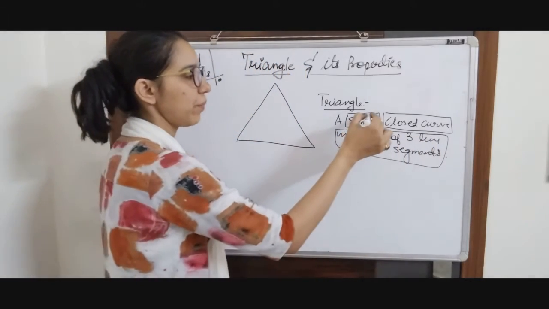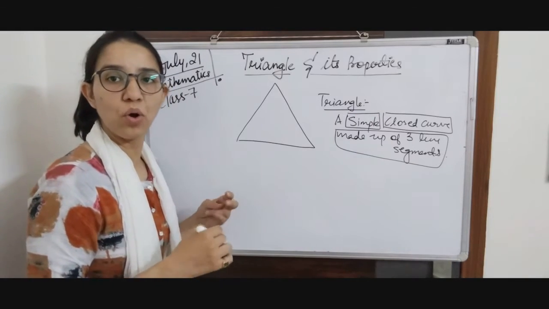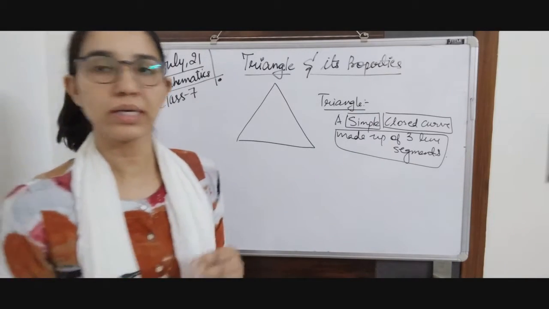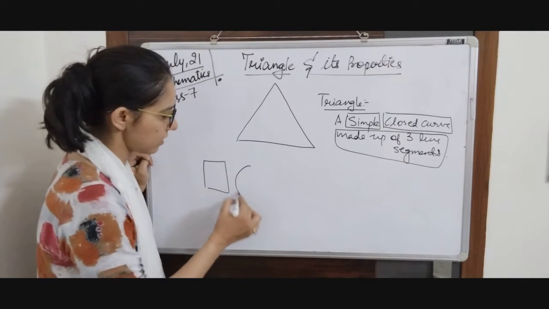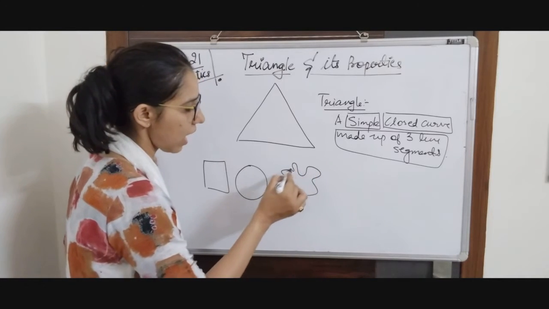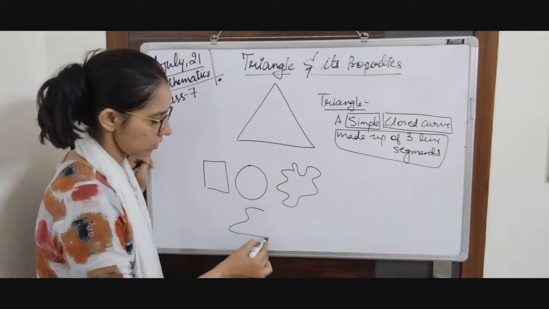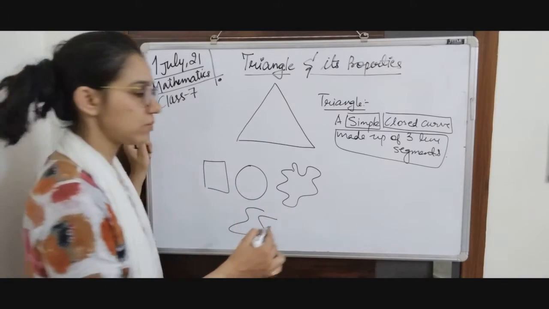Now, if you remember, a simple curve is that curve which does not cross itself, which does not cut itself. So if you have curves like this, these are simple curves because they are not crossing themselves.